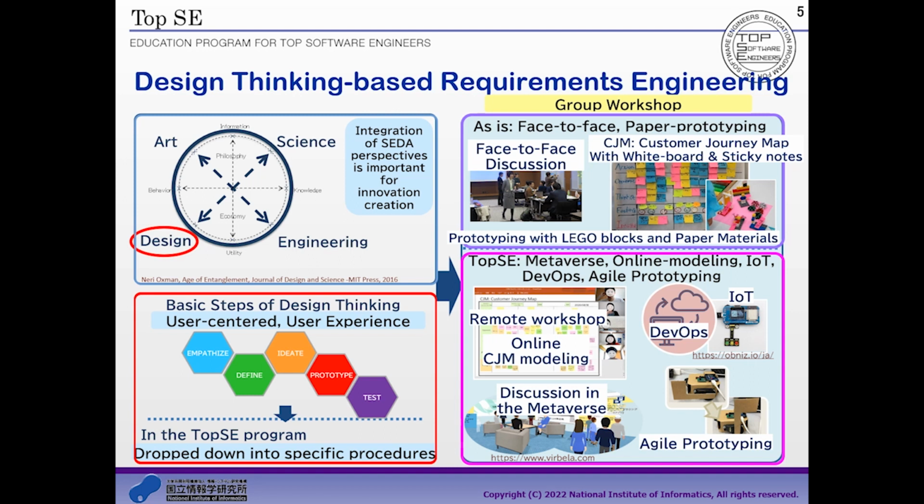For example, the CJM will be utilized with an online whiteboard, and prototyping will utilize a cloud-based IoT platform. Additionally, we will hold workshops in the metaverse space because we want to practice more realistic discussions. Although there is much trial and error, it is thought that this experience will help the participants grow further as engineers in a leadership position.